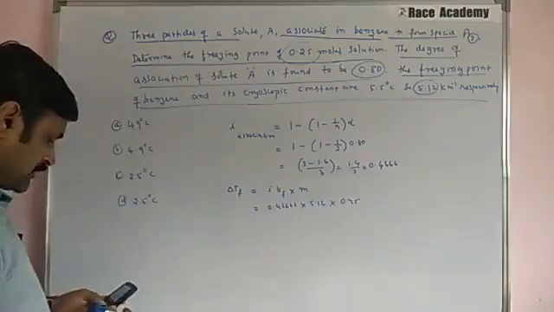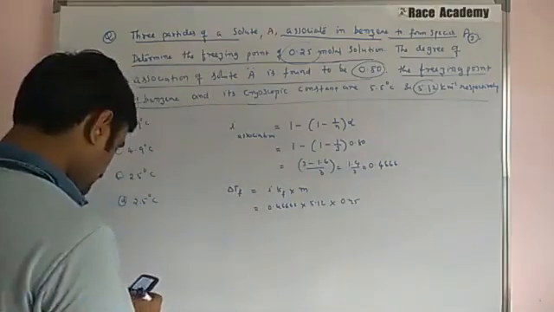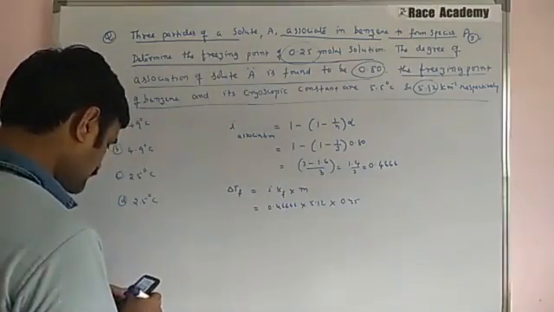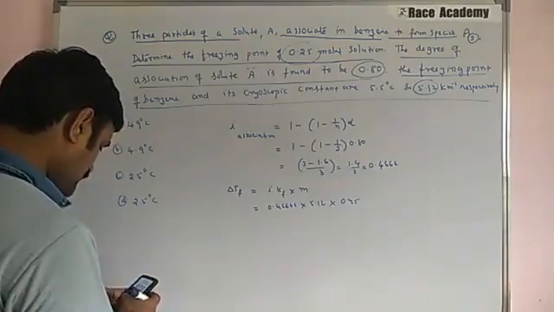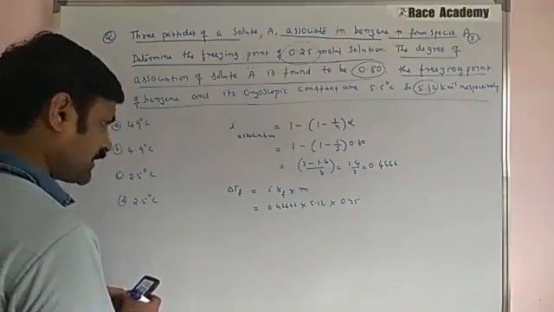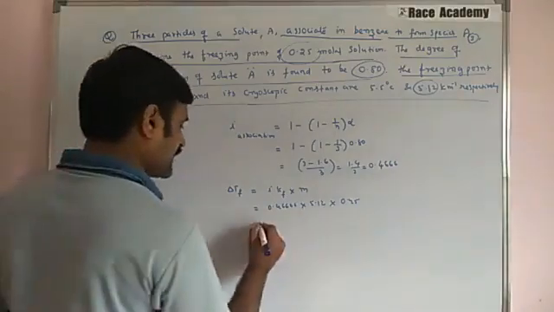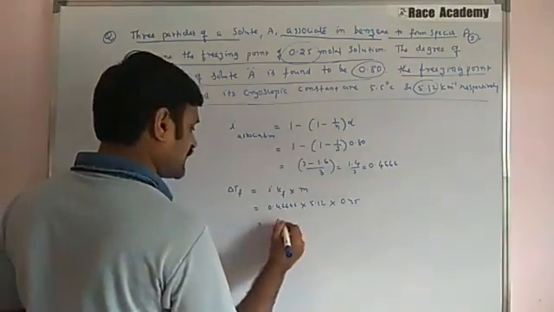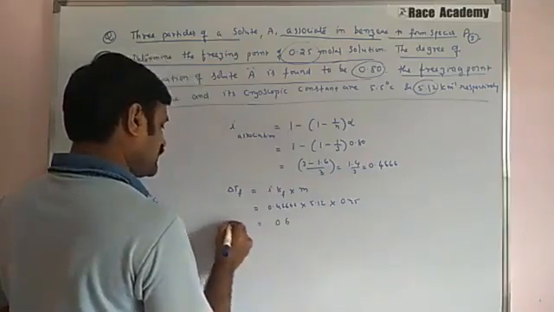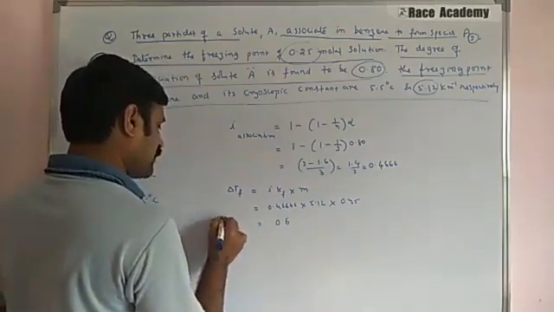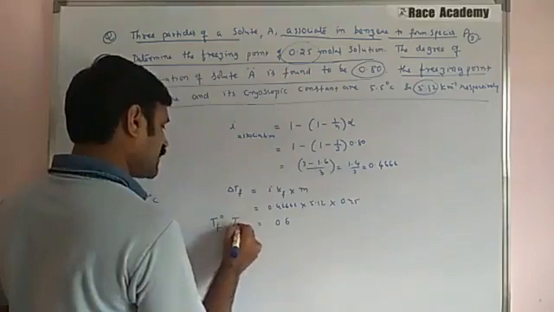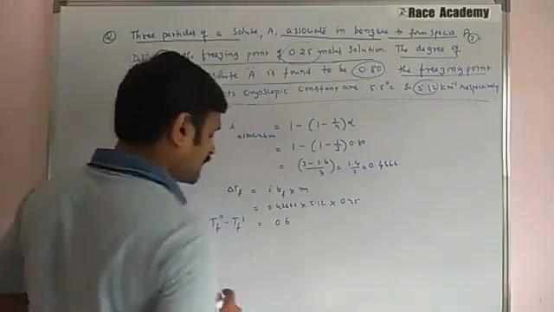I will do the multiplication: 5.12 into 0.25 into 0.466 gives 0.57, and approximately I will take 0.6. But we know that delta TF is T naught minus TFS.